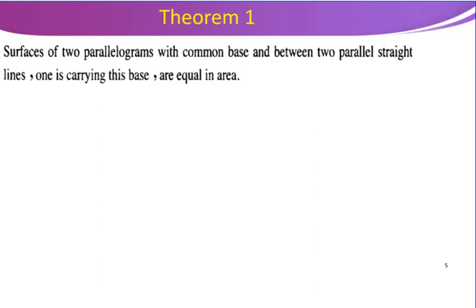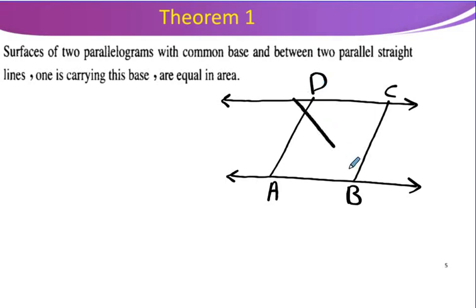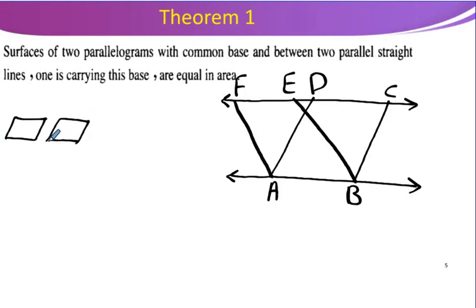If we have two parallelograms, and the two parallelograms are between two parallel straight lines, we have two parallelograms like A, B, C, D, and A, B, E, F.